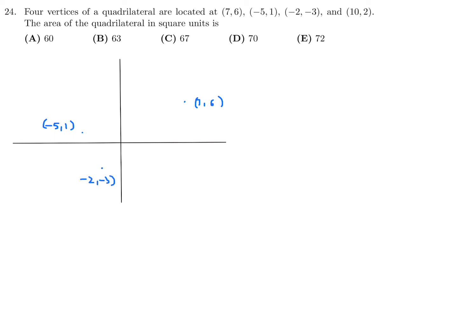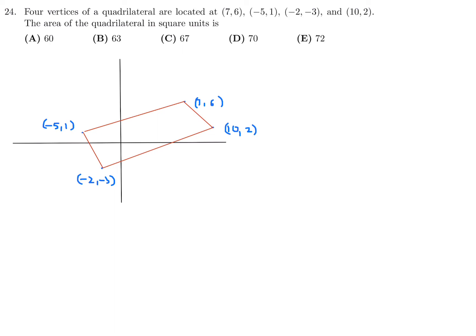And then finally we've got 10, 2. So perhaps here. Now this is a quadrilateral, not necessarily a rectangle. So don't assume that it's a rectangle. So when you add up the points, you get a shape like that.